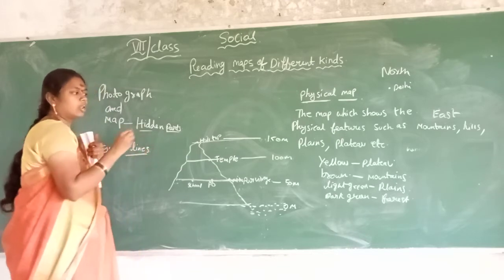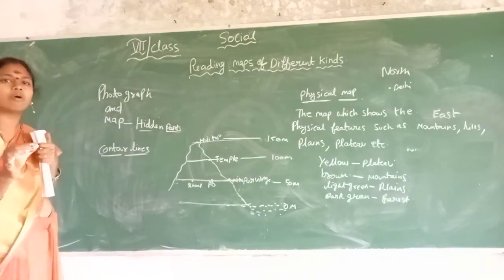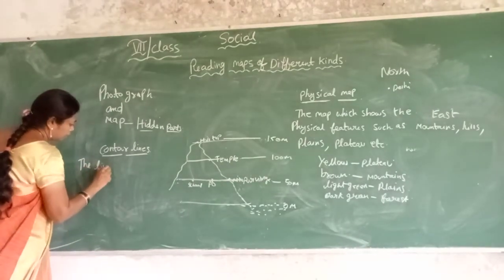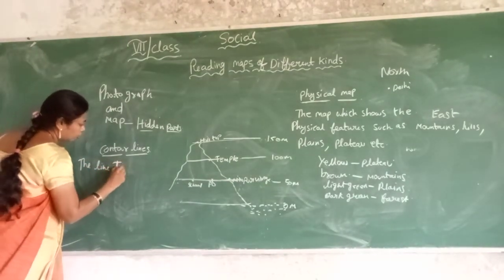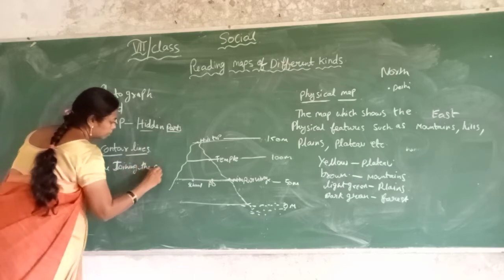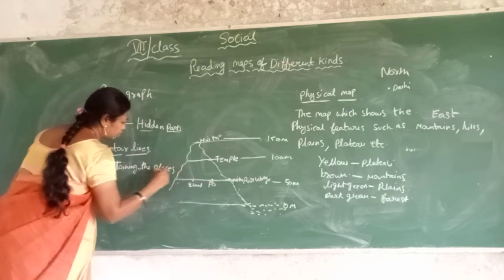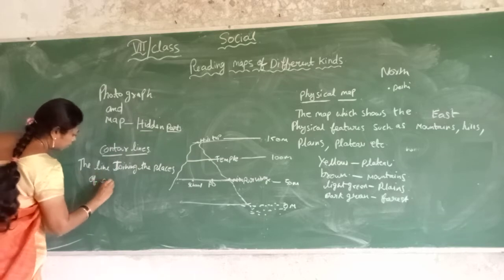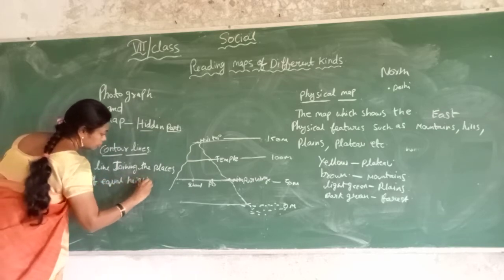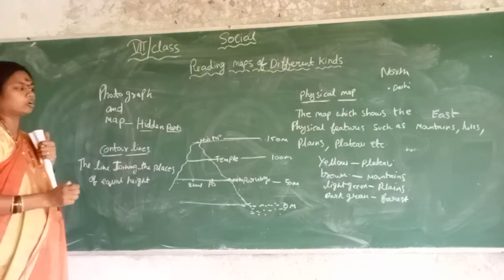That means the line joining the places of equal height. This is known as contour lines.